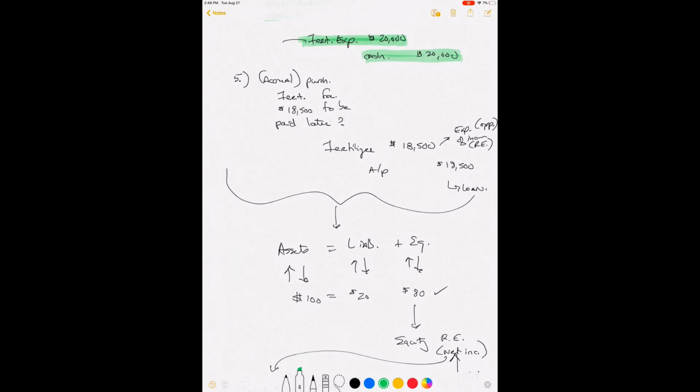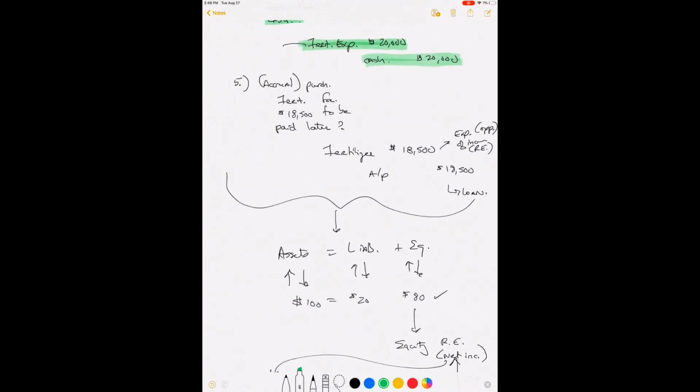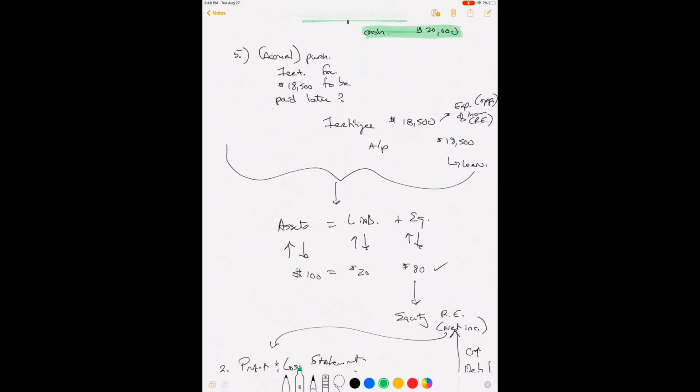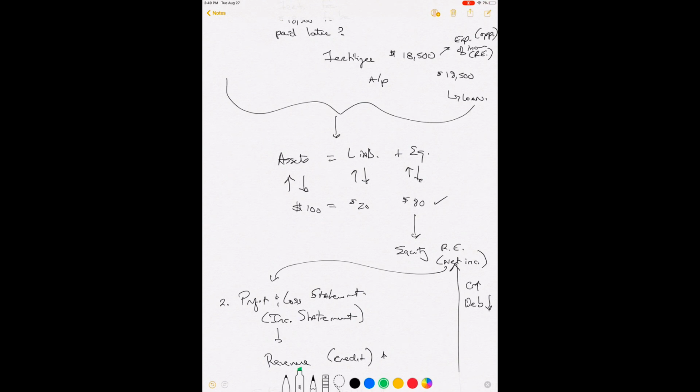So you come through here and the question is, we didn't pay for the fertilizer. We're going to pay for it later. So instead of having to pay cash out, you can see in the example here, we still have fertilizer expense. Let's say it's $18,500. That is our expense. And so you've got fertilizer expense, $18,500 to debit, just like we had before.